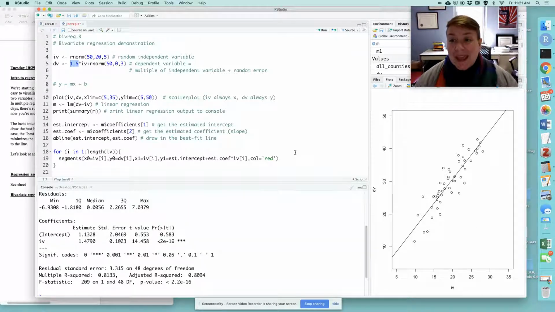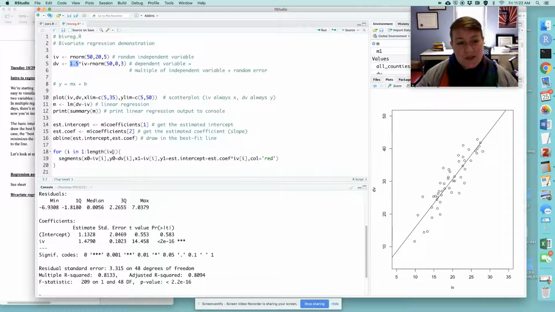The way that linear regression works is that you want to draw the line that minimizes the vertical distances to the line. In lines 18 through 20, I've done the following, which you might or might not want to try and follow.